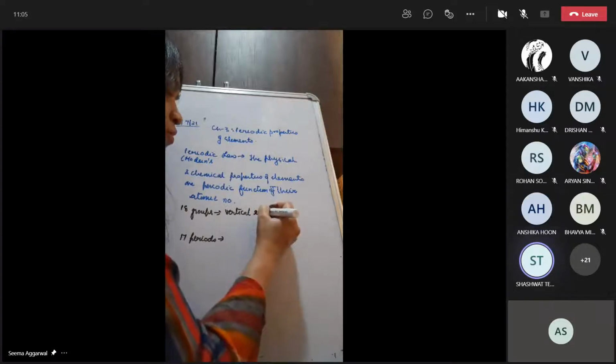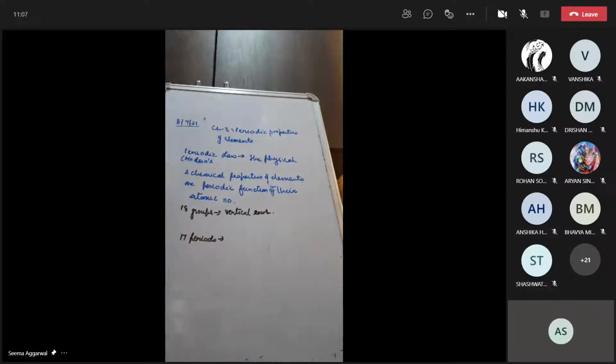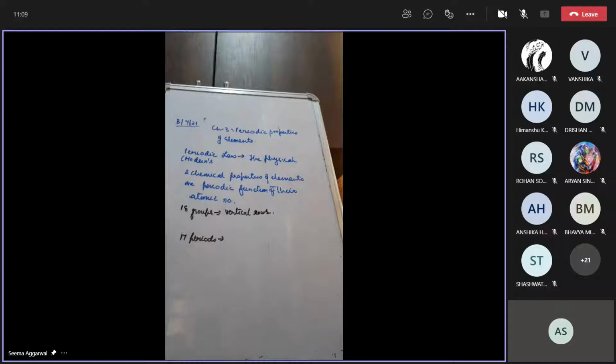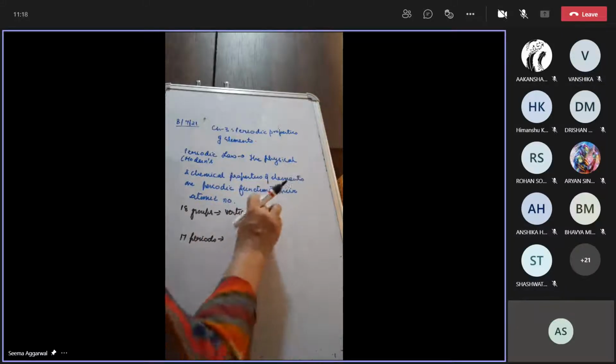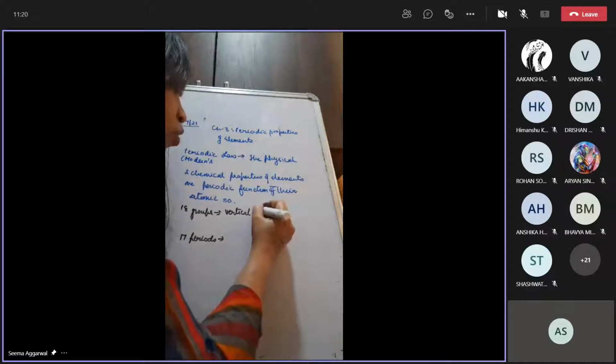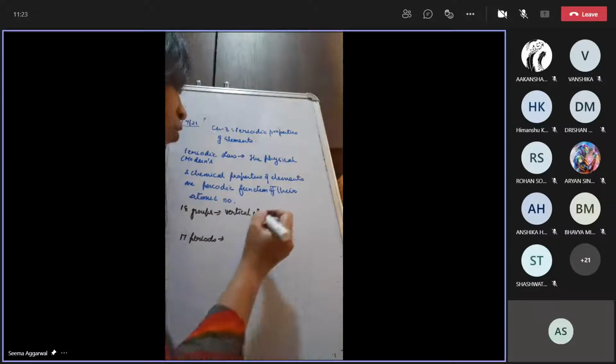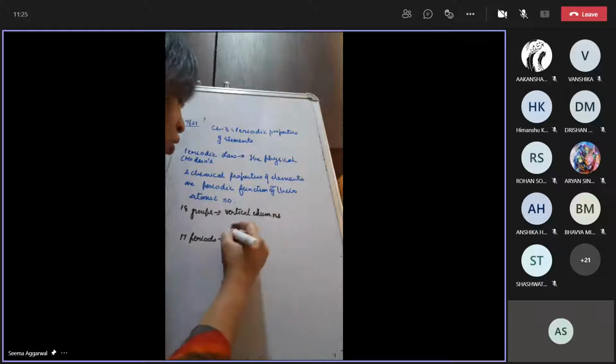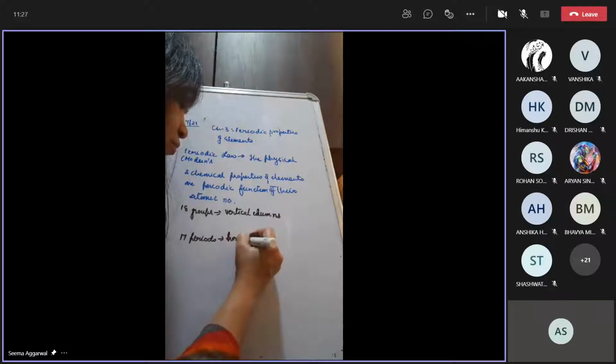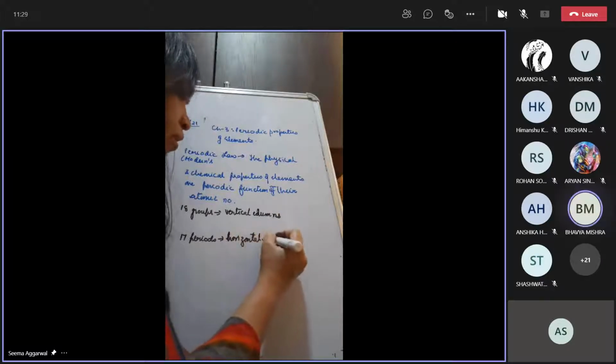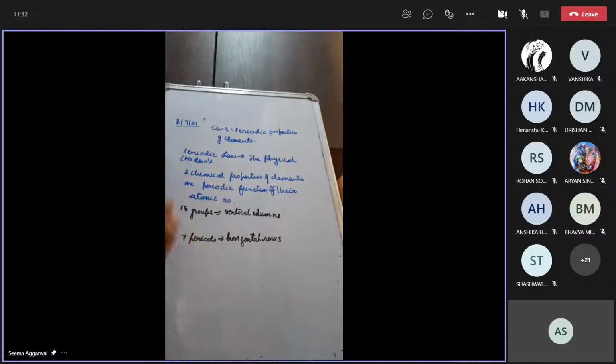Yes, column. Vertical columns, horizontal rows. Okay, vertical columns are called as groups, and horizontal rows are periods. Yes. There are 7 periods and 18 groups in the modern periodic table.